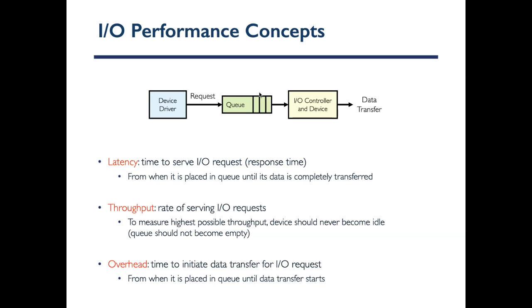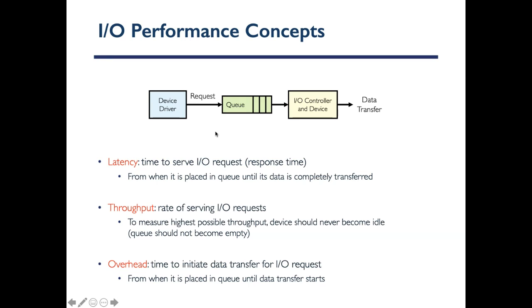Let's just put them all together, one queue here for the sake of simplicity. Of course, you could actually have queues before the device driver where the system call interface gets the requests from applications, puts them in a queue for the device driver, then the device driver gets them.